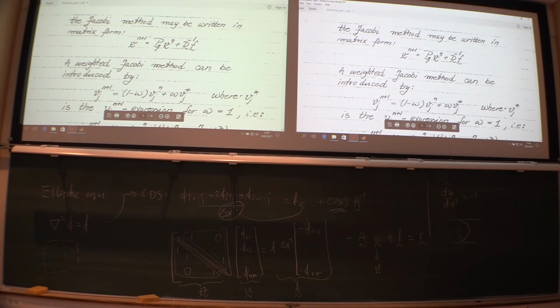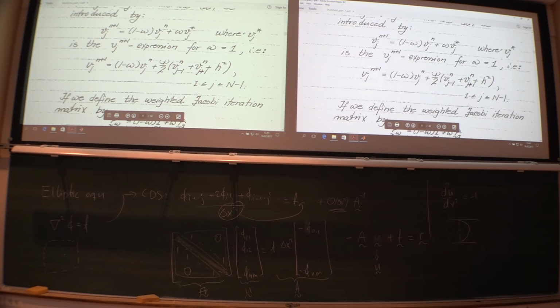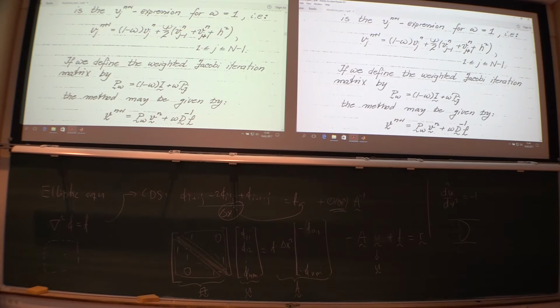But here we use it as a weight, and we are going here to use omega smaller than 1. And that's quite allowed. If you insert omega equals 1, okay, then you are back to the original Jacobi. So the weighted Jacobi, we will use an omega.